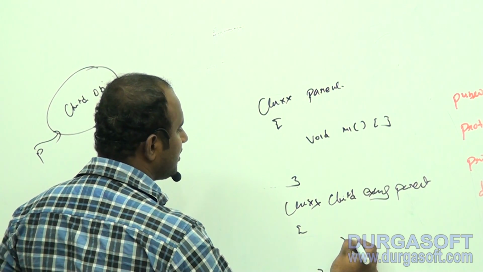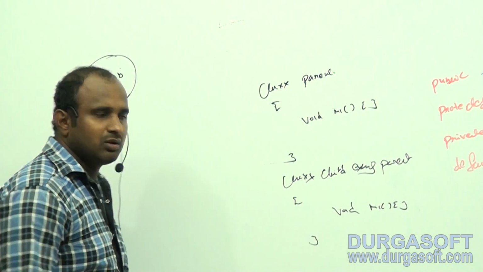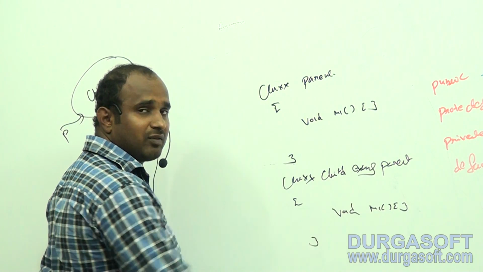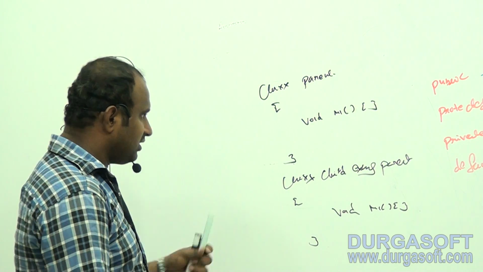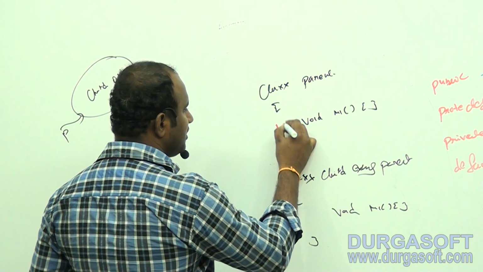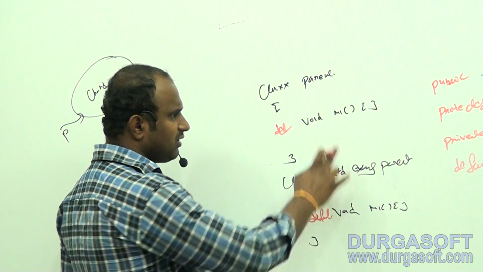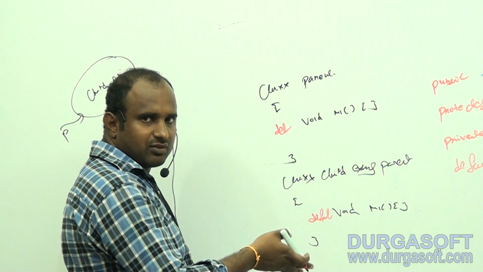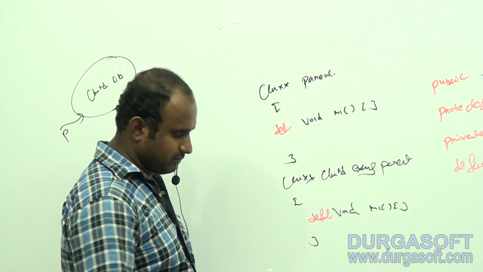I am overriding that method void m1, with some implementation. Here default is there, and here also default. So the parent is default, same level permissions, right? So no problem. This concept is called overriding.